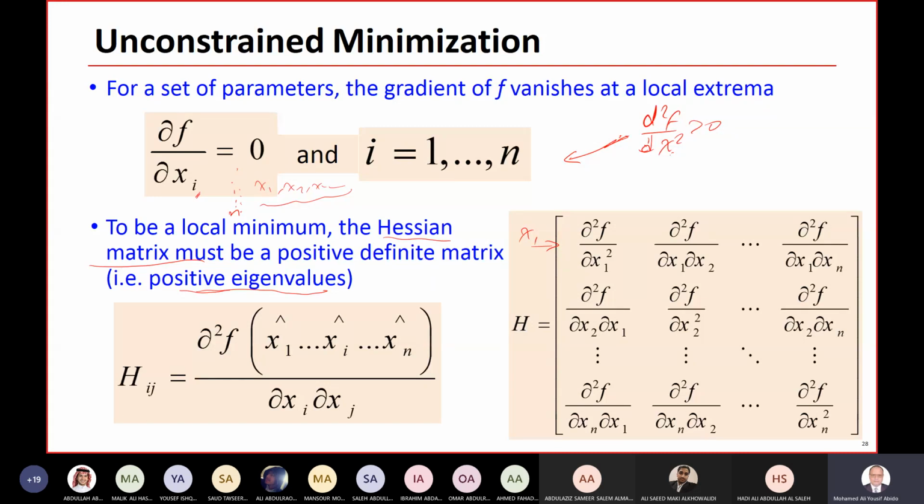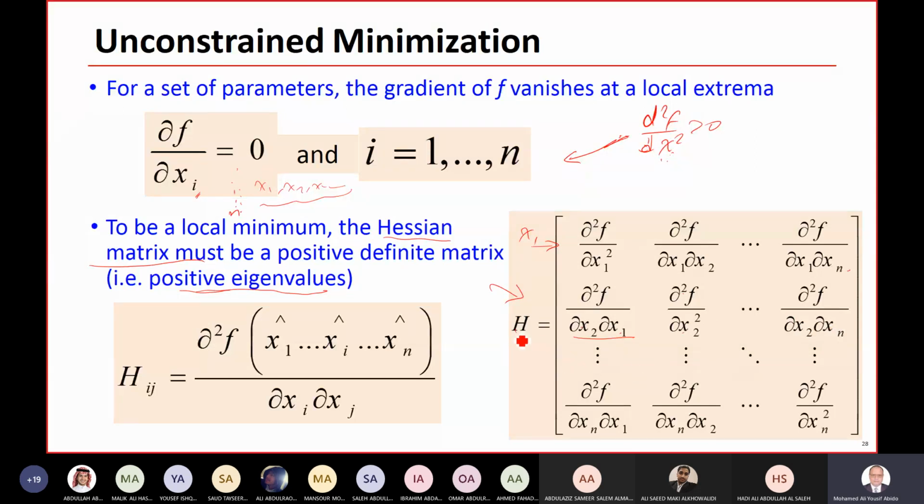So you need to construct the Hessian matrix if you have more than one variable. So this condition will be a matrix as such. You would get the second derivative with respect to x1 and x1, x2, x1 up to xn, and you have here x2, x1, you have here x2 square, and so on.